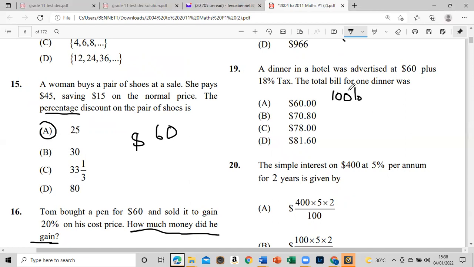Then we're going to increase it for the tax. So it's an 18% increase. So it would be 118 divided by 100 times 60. Work out this also, okay, kind of grinding.